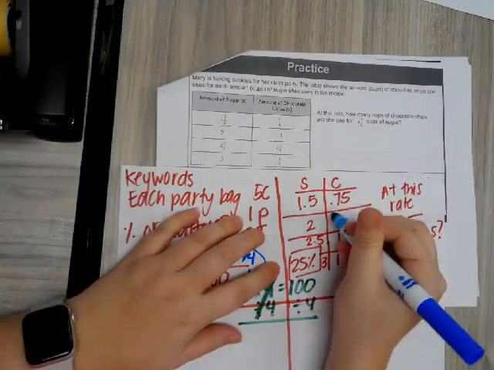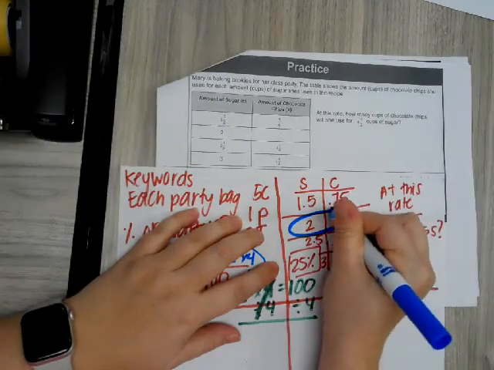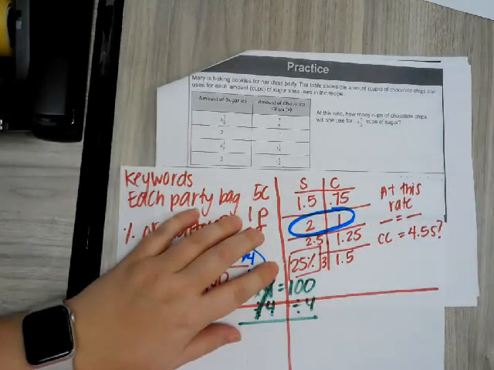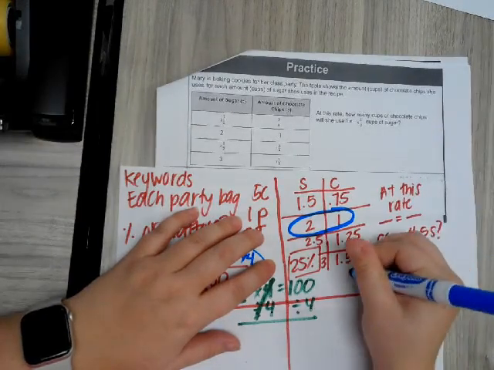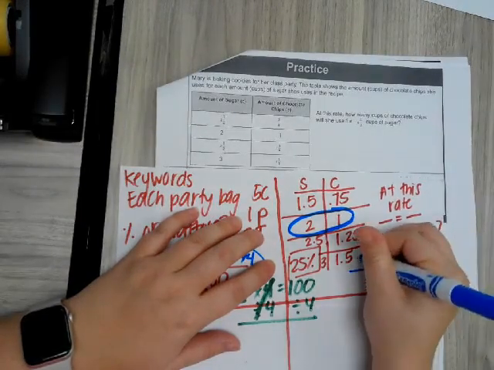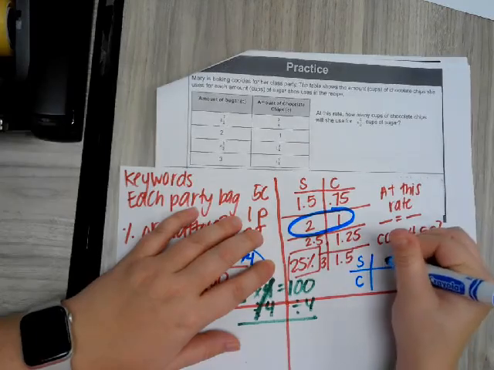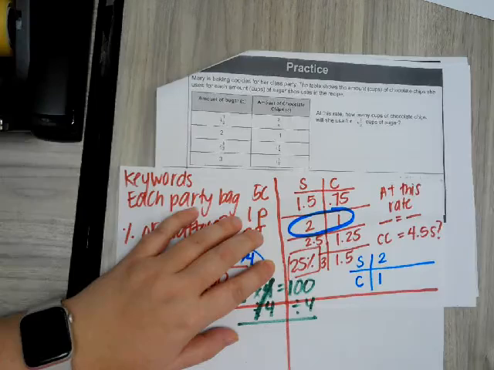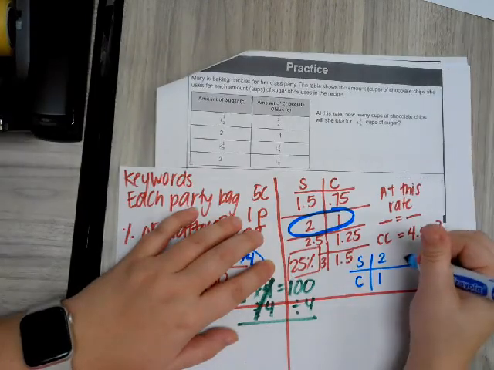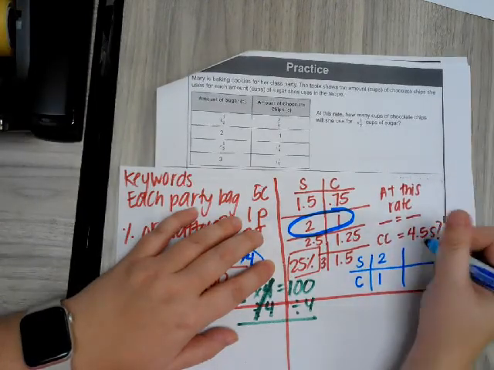So I'm going to use this for my proportion or my ratio table. So I know that I'm comparing sugar and chocolate chips, and 2 cups of sugar is 1 cup of chocolate chips. But I want to know for 4.5 cups of sugar.